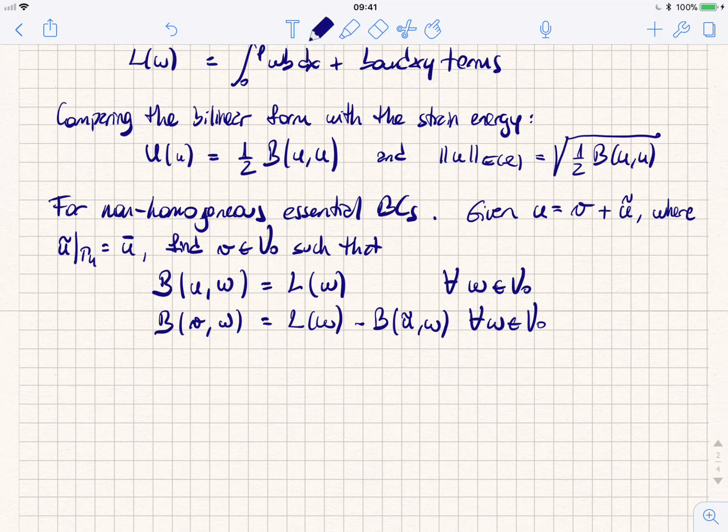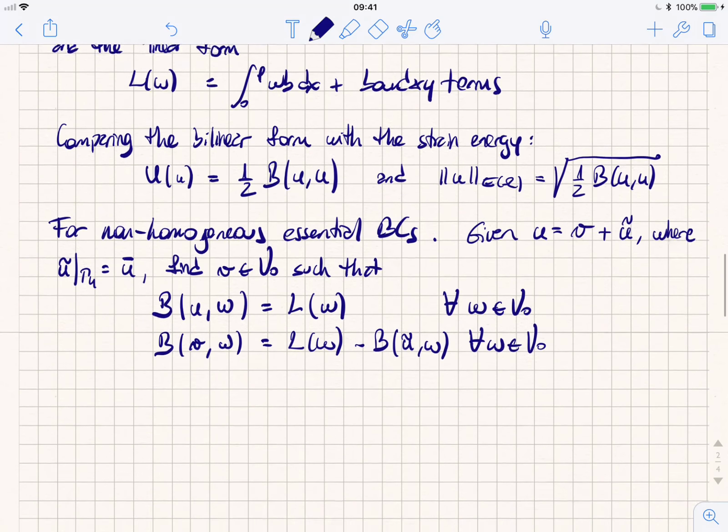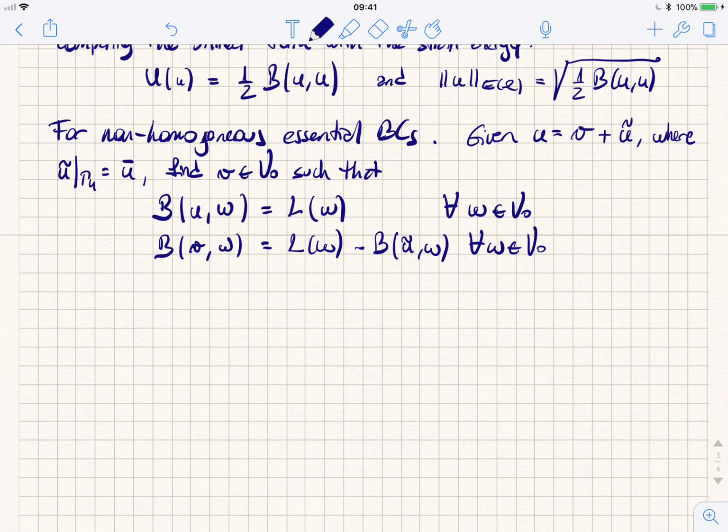And now I am not sure whether I defined V naught, but it seems not, so I'm going to do it now. It's basically the space of functions V in, remember we defined the energy space, such that the restriction of V on the part of the boundary that has the essential boundary conditions is equal to 0. So you all understand what we're doing, right?